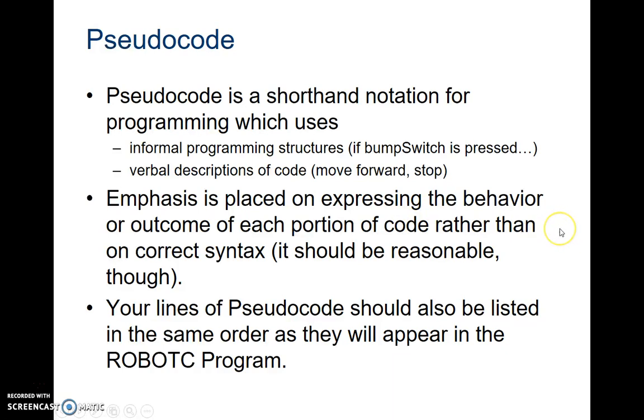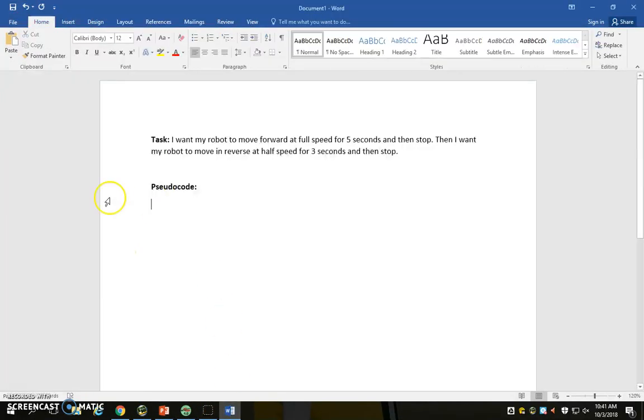So you're more so focused on what behavior you want to happen in what order rather than having correct English sentences. It's got to be reasonable enough that you can actually tell what you're saying, but other than that, you're just basically going to take that task that we had there and break it down into small behaviors. So let's go back here and talk about this.